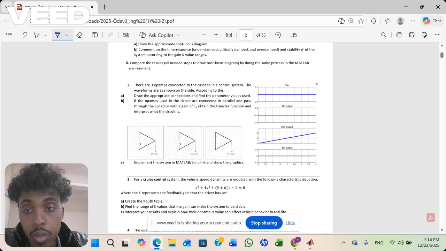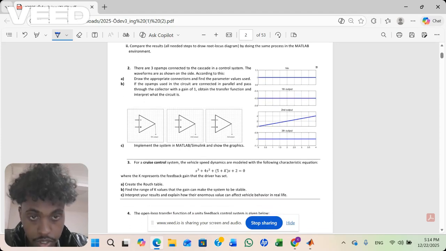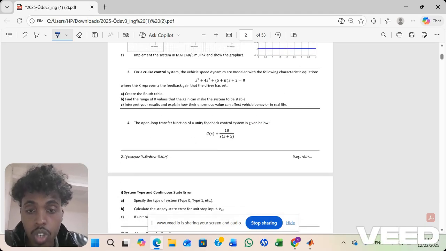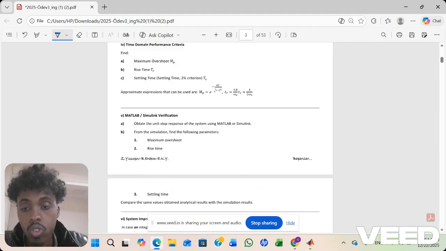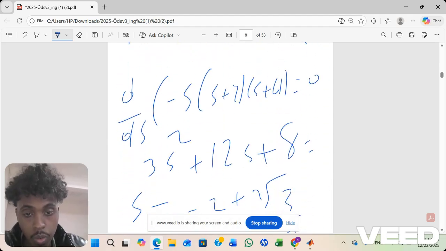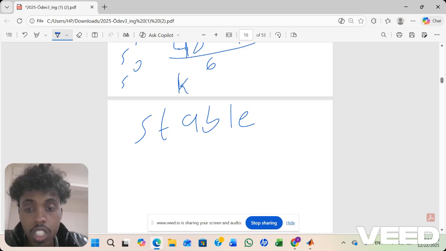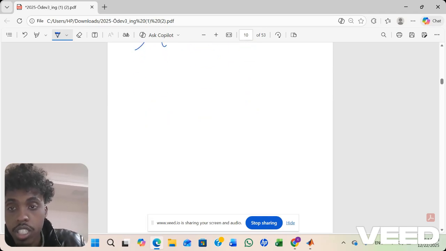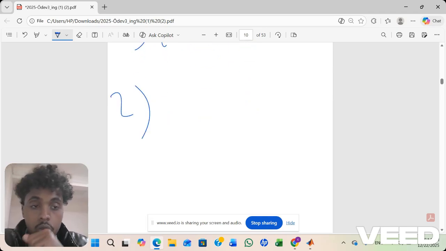The other one, B1, is if the op-amps used in the circuit are connected in parallel and pass through the collector with a gain of one, obtain the transfer function and interpret what the circuit is. So we're gonna try to solve the second question like this.